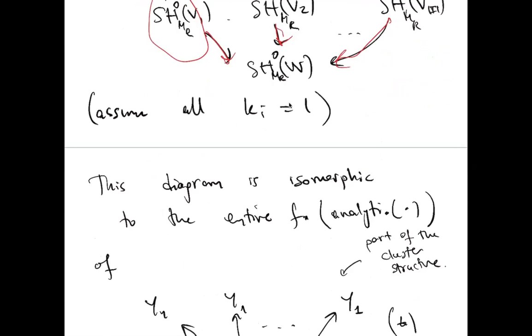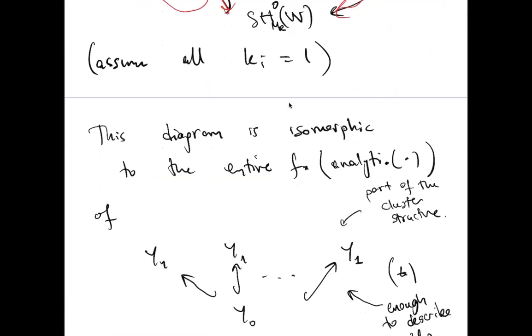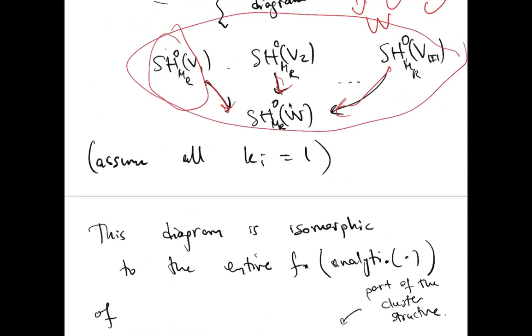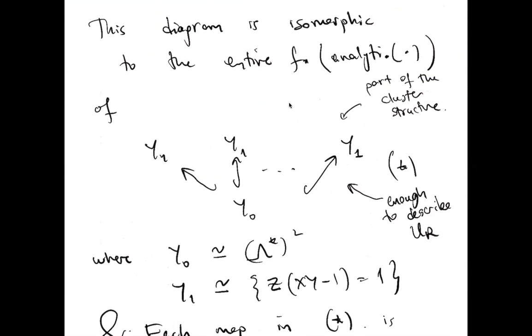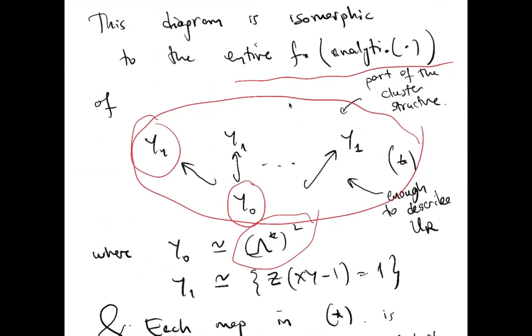And the previous results that I mentioned more or less tell you that this diagram is isomorphic to a diagram where y0 is the non-Archimedean torus, and y1 is the non-Archimedean version of this variety with two cluster charts.